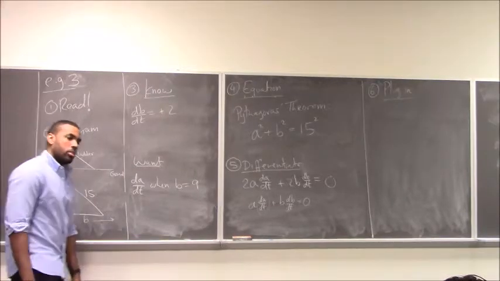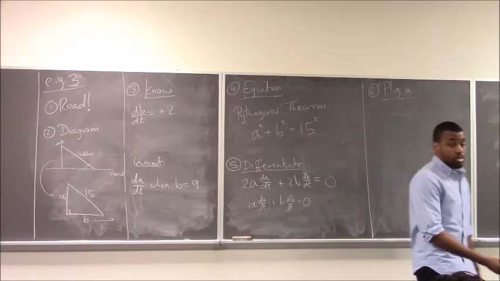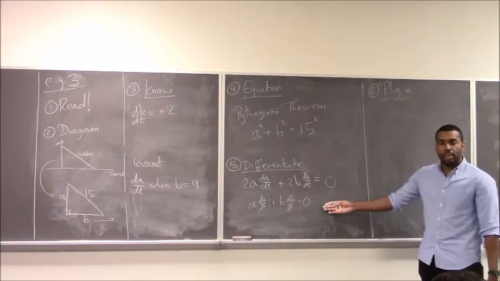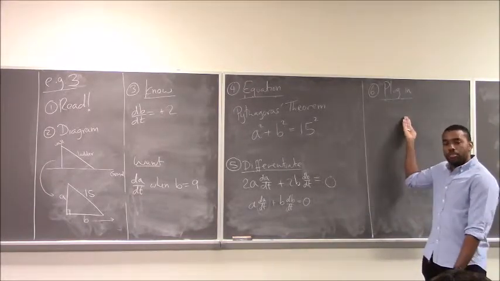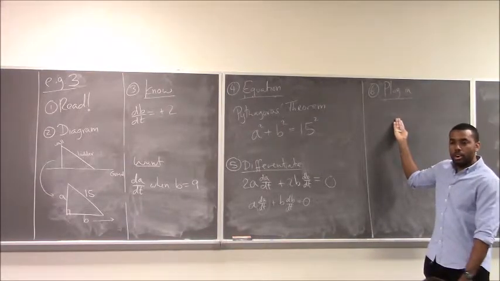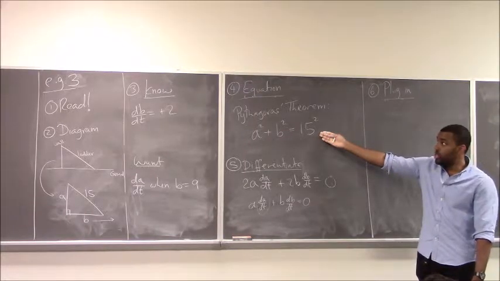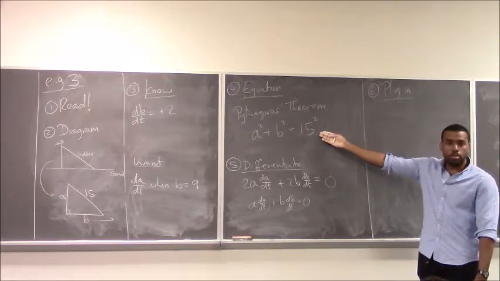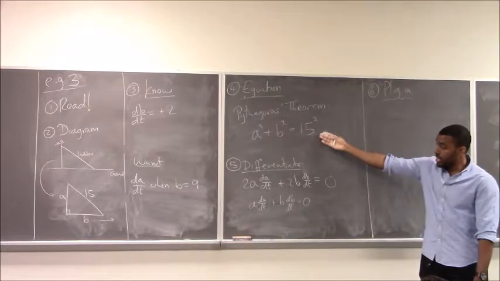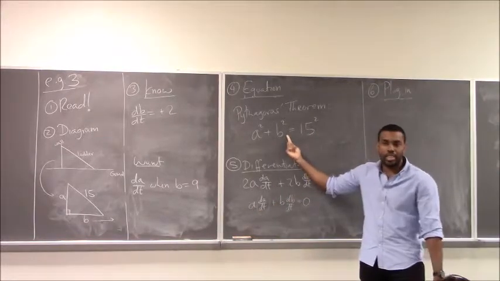Okay. So one hiccup that can possibly happen in a related rates problem is that you can get to step 5 and realize you don't have all the information needed for step 6. But don't freak out in such a case. All you need to do is go back to the equation in step 4 and solve for the missing information. So in this case, I have b, but I don't know a, but I know an equation that relates b and a.